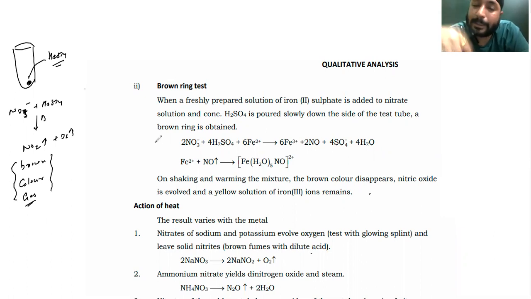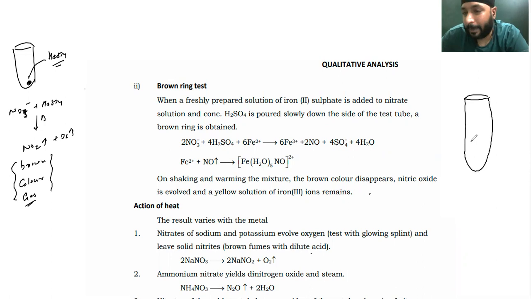Rather, I'm adding concentrated H2SO4 slowly, and because of that, I'll be having this. Now, understand what exactly is going on here. I do require a large amount of acidic medium for this brown ring to form. This will not be produced by dilute acetic acid or dilute H2SO4. I have to add concentrated H2SO4.